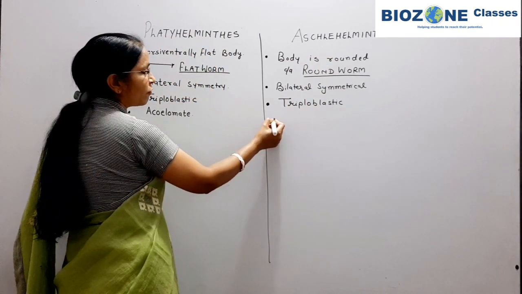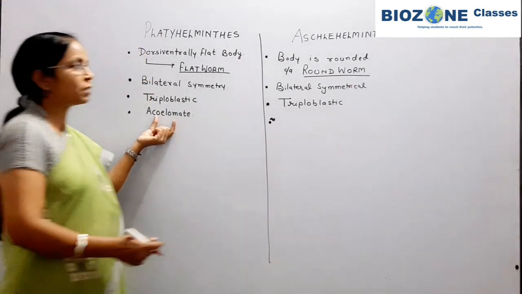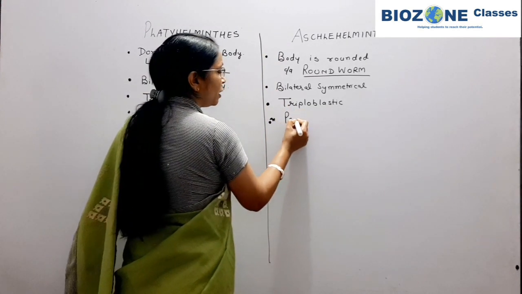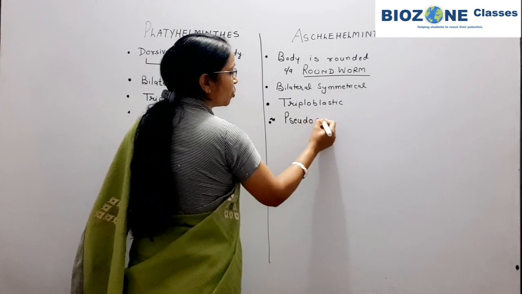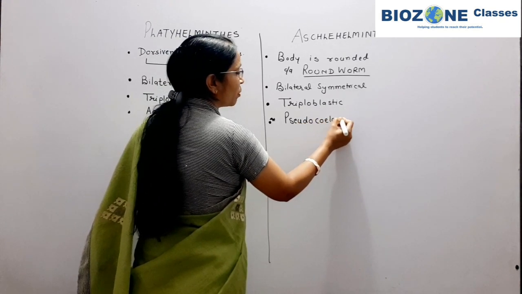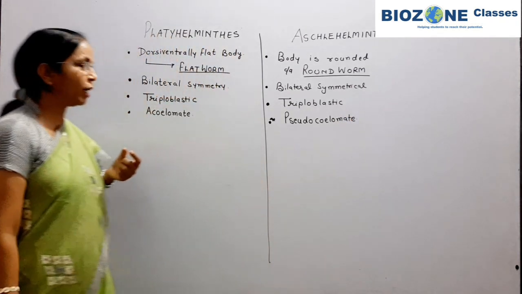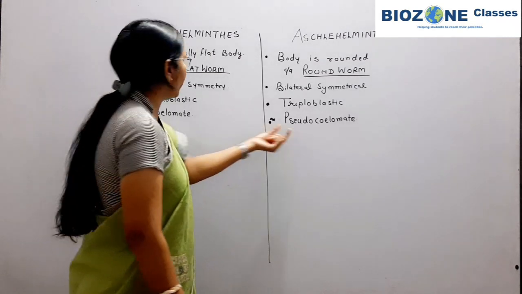But here the difference is that flatworms are acoelomate, whereas Aschelminthes show a false coelom, or they are pseudocoelomate. That means a false coelom is present in these individuals.